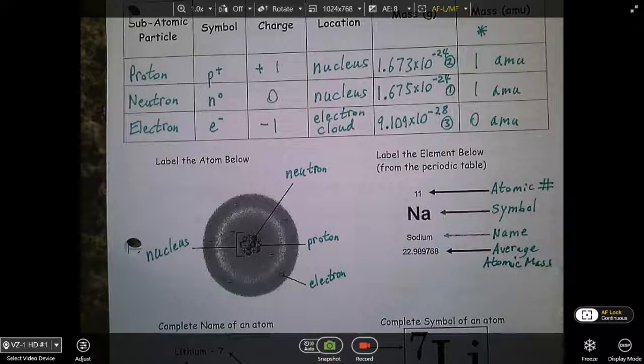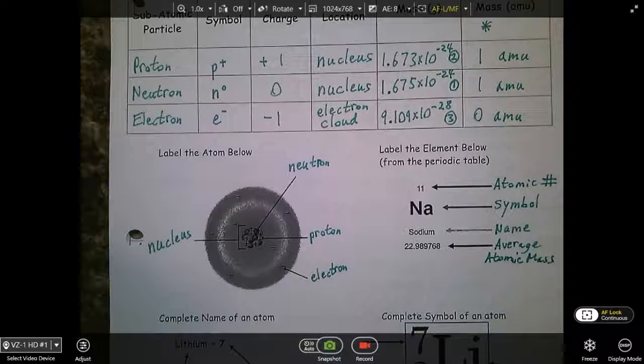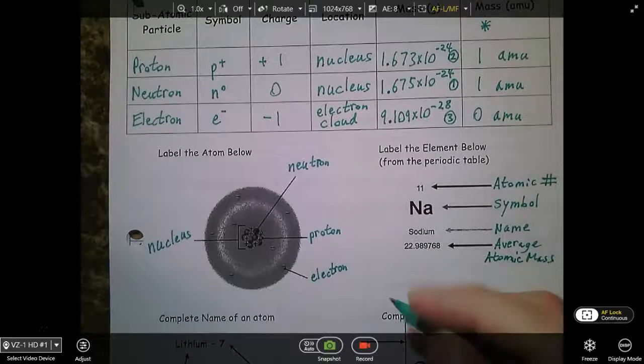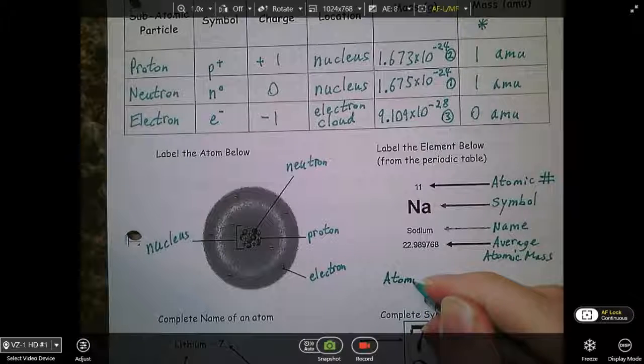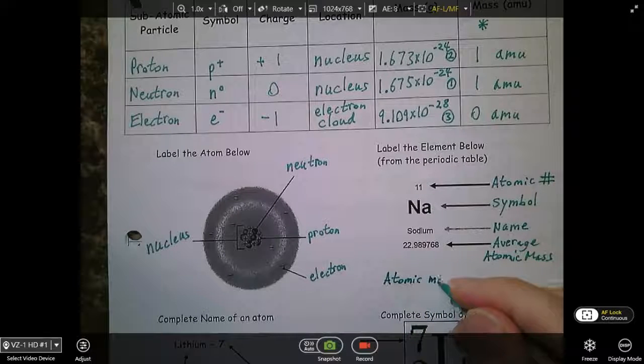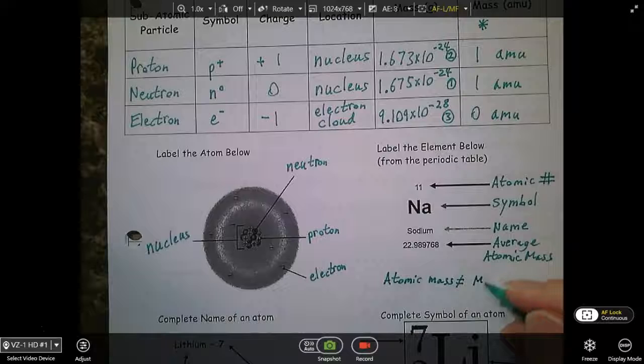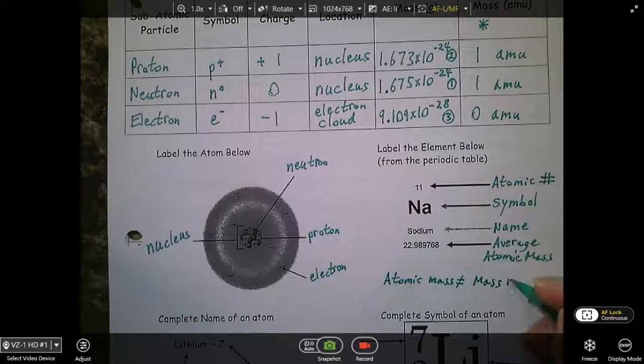And this is where we get into something that's different from what you learned in middle school. And it's very, very, very important that you understand this difference so that we don't make mistakes. Okay? I want you to write this down right here. Atomic mass does not equal, that means it is not the same as mass number.